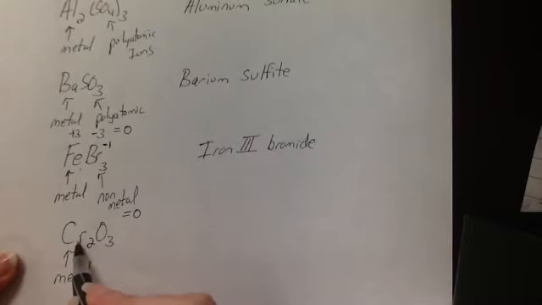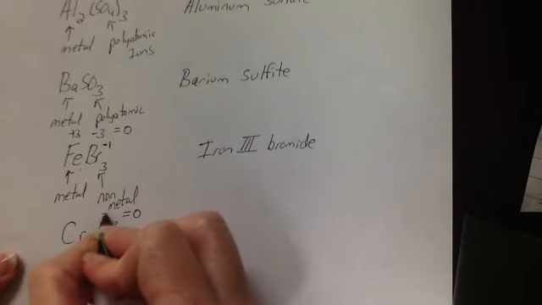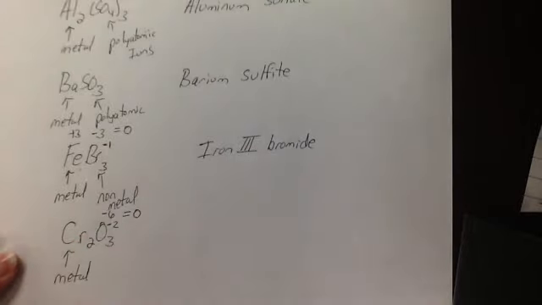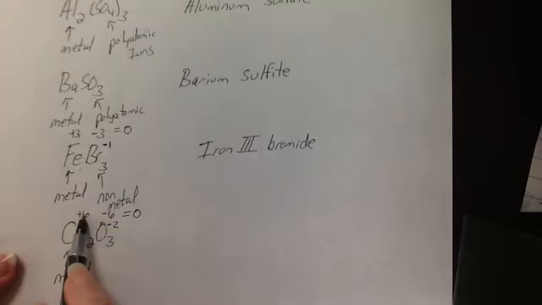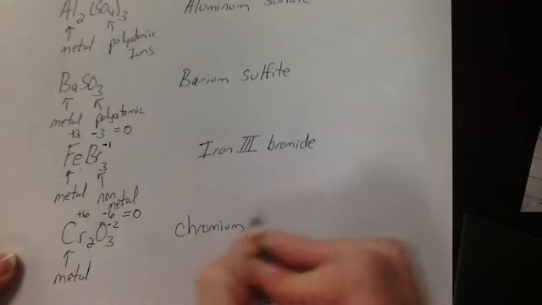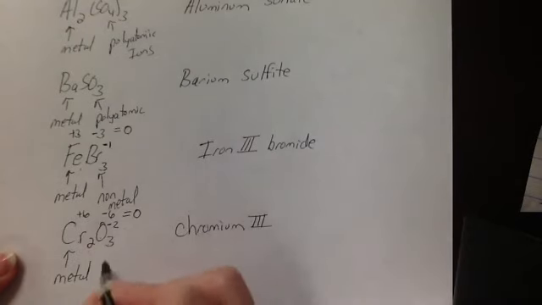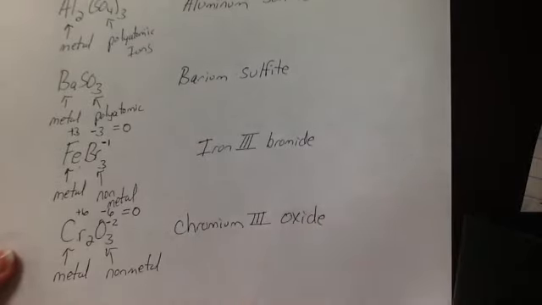We don't know what the charge is on chromium, but we do know the charge on oxygen is -2. 3 times -2 is -6. So this side over here must be +6. That's not the Roman numeral. The Roman numeral is this number divided by the subscript. So 6 divided by 2 is 3. So this is going to be chromium(III). This is a nonmetal. And so that would be oxide.